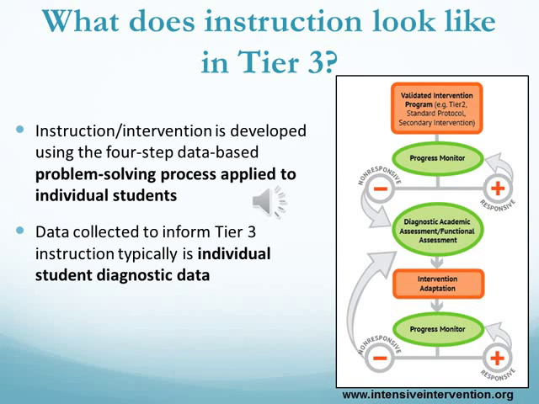Data collected to inform Tier 3 instruction typically is individual student diagnostic data, whether it's academic and/or behavior. The image on the right is the data-based individualization graphic located on the front page of the Intensive Intervention website. You can click on the components in the interactive graphic to learn more about the steps in the DBI process and find relevant resources.